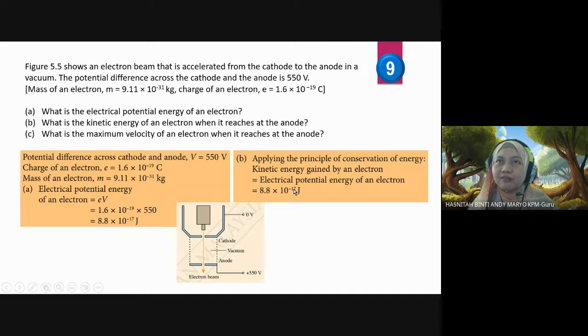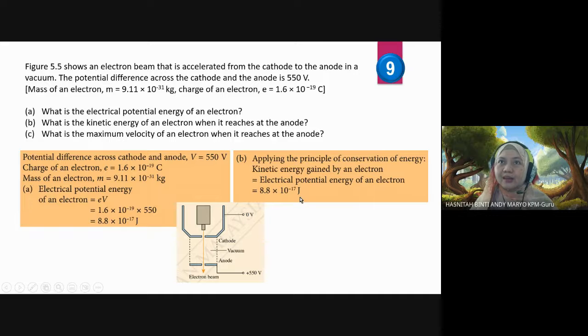Then finally, what is the amount of light energy produced when the electron beam, the cathode ray, reaches the screen? Same also, 8.8 times 10 negative 17 joule.